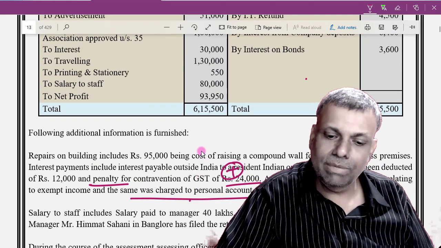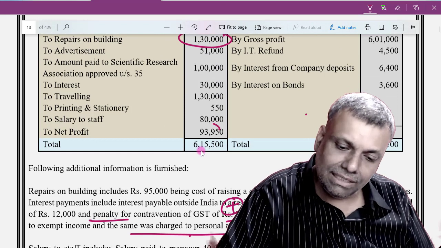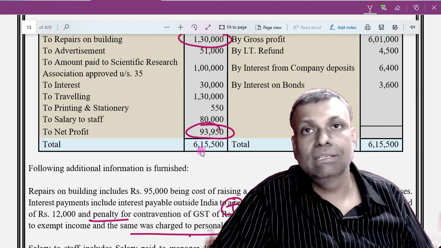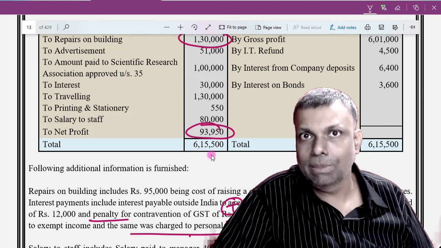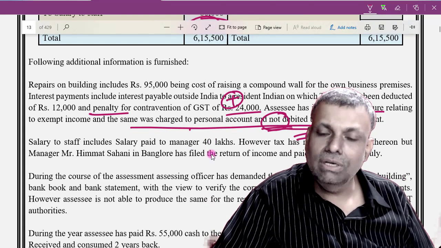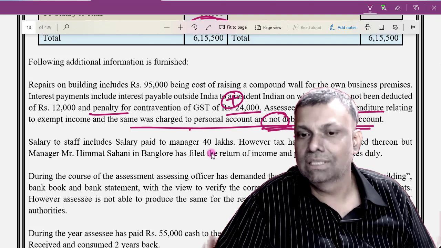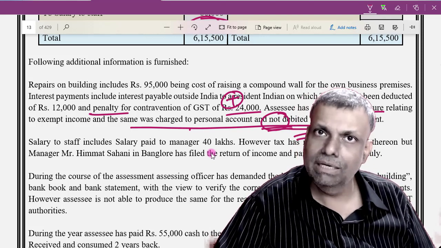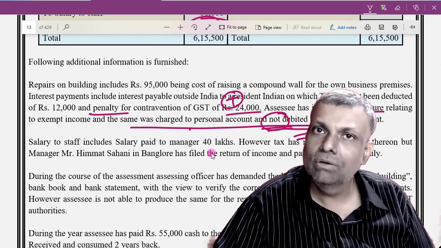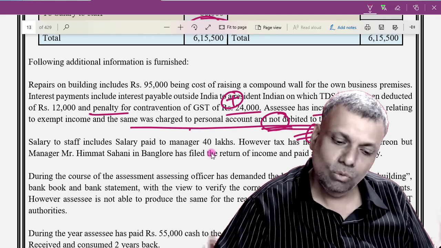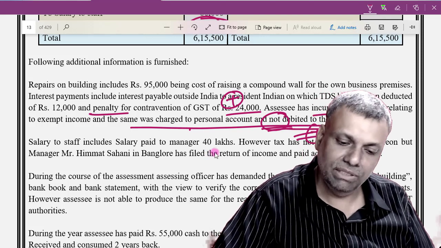Because I started from the profit and loss, that is 93,950, that is the way I started my answer. I have not debited it, so I have not taken it as an expenditure itself, and there is no question of disallowance. In fact it is not an allowable item, but it is not debited to the P&L in the given question, and therefore no adjustments are required. So no adjustment there.